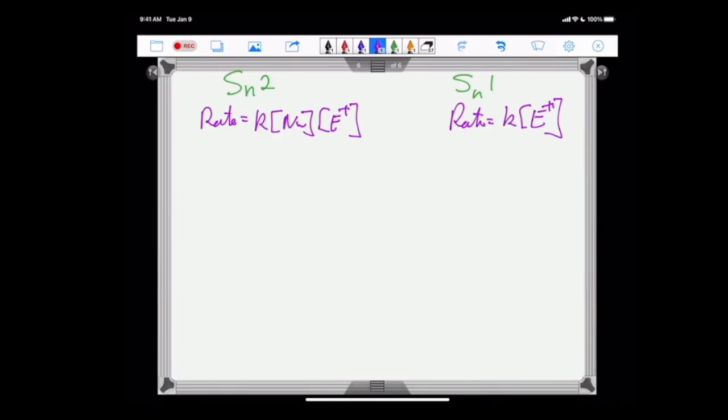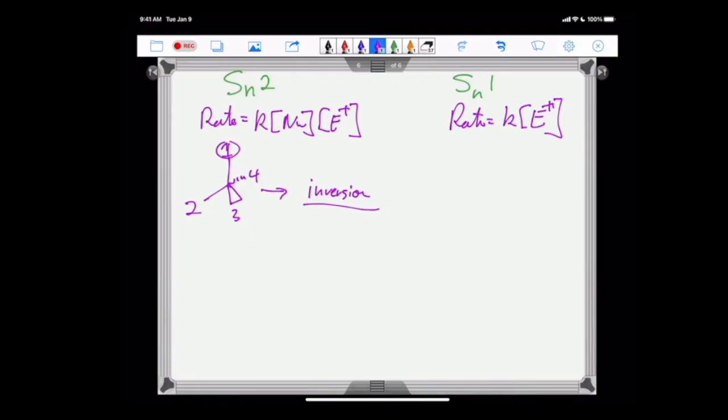The kinetics are different because the mechanism is different. Four asymmetric centers. Let's say this is 1, 2, 3, and 4. In this case, you will get inversion. One stereocenter makes one stereocenter product. You have control.